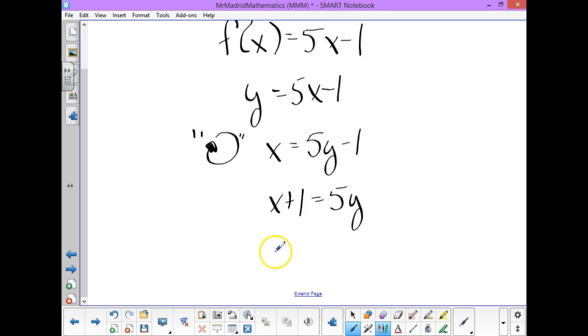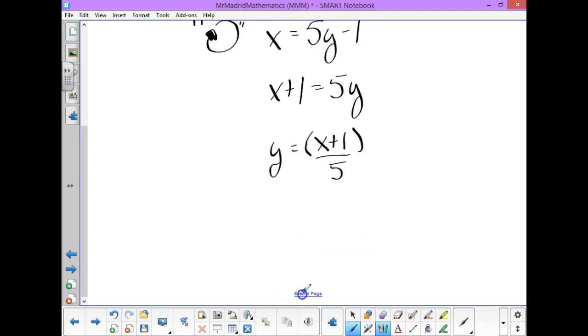I'm going to divide by both sides, and I got y equals x plus 1 divided by 5. I'll put that in parentheses, make it look nice and neat, and I will return to function notation and make it clear that this is not f of x, but f inverse of x.